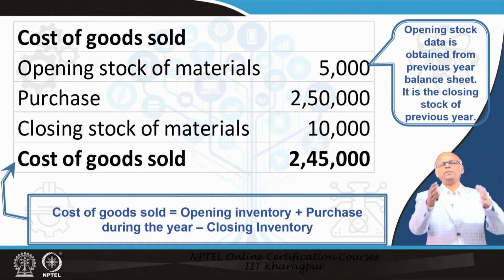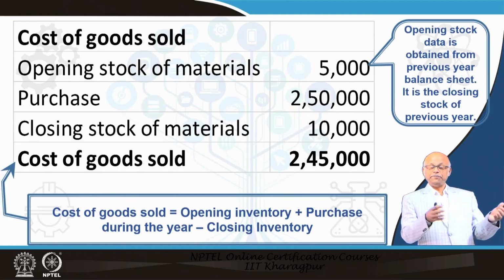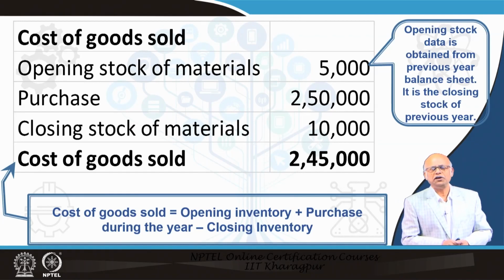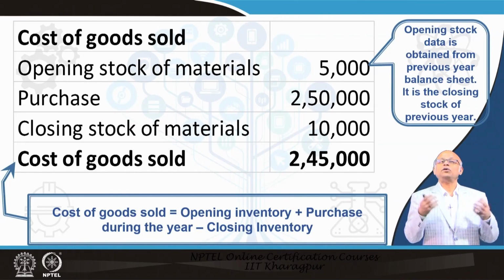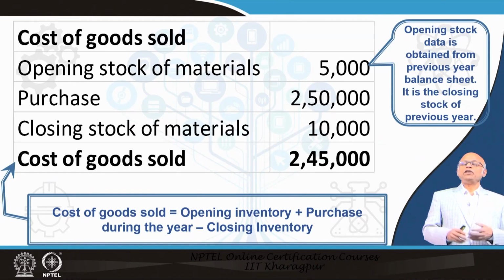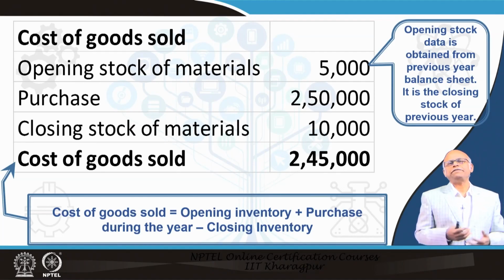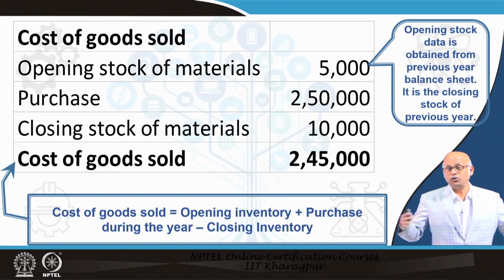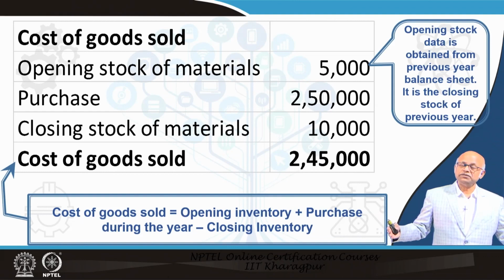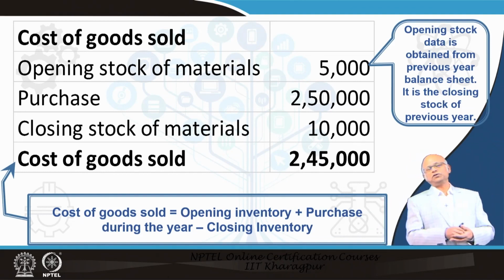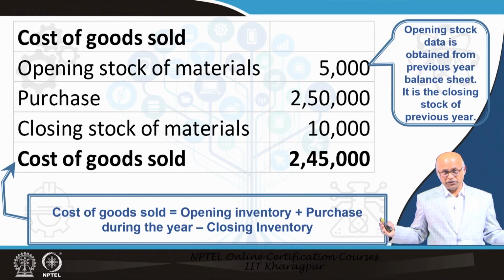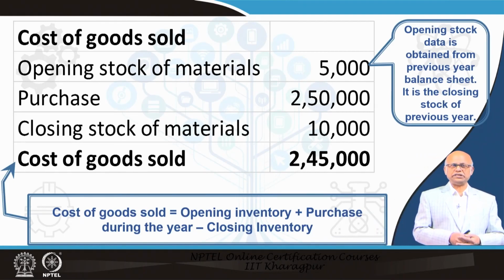That becomes the opening stock of the next year. So, opening stock is 5,000 rupees. Now, you bought 2,50,000 rupees worth of stock during the whole year, from 1st April 2018 to 31st March 2019.